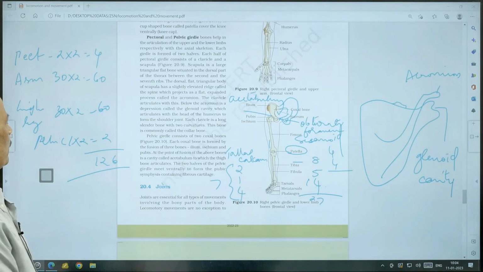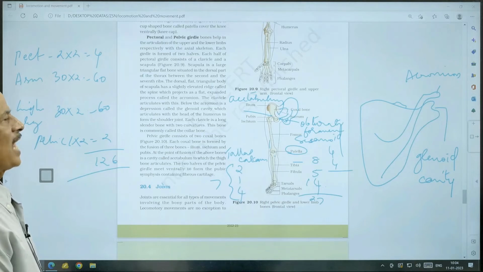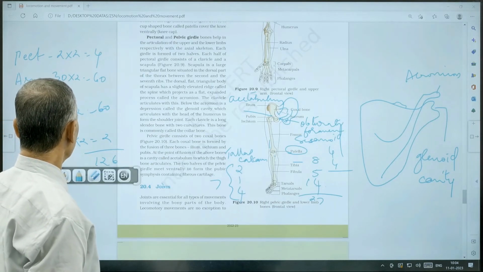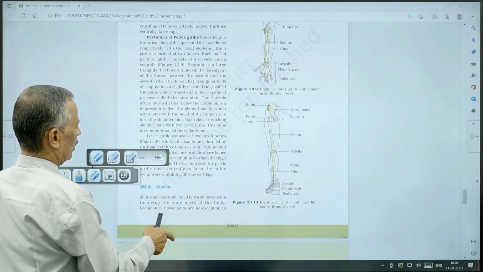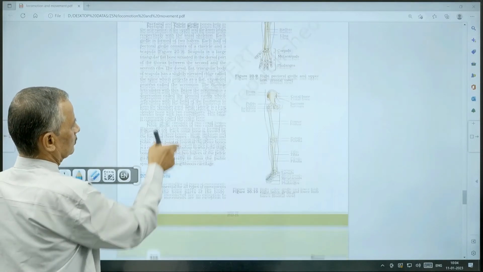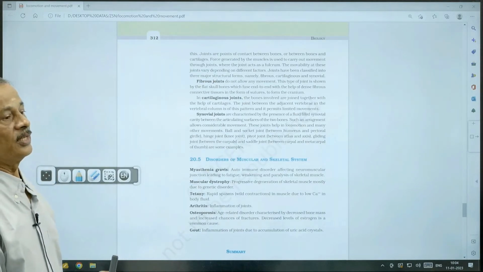Now, coming to the joints. Joints act as the fulcrum. What is the function of these joints? These joints act as the fulcrum around which bones move by the force generated by the contraction of the muscles.